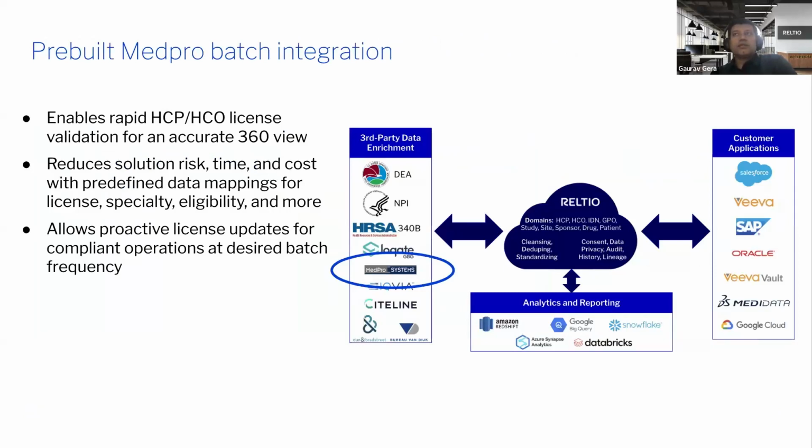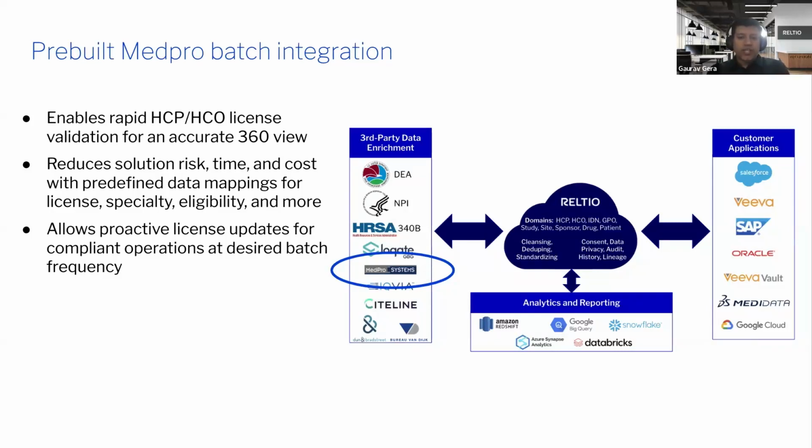Same is the case with our recently launched Metro integrations, right? Metro is another partnership that we have worked on, wherein you can gather data for HCOs and HCPs from various sources, whether it's state license information, the CDS, AMA kind of sources. There are like 9 or 10 different sources from where Metro would collate data.